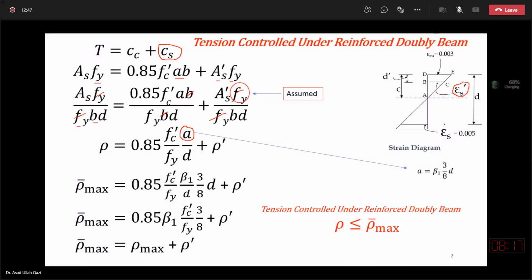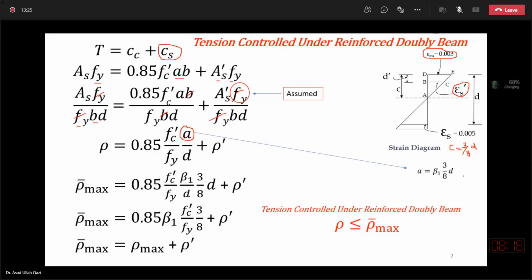But when I am defining a beam with tension steel at 0.005 or greater strain when concrete crushes, I get the neutral axis depth just like I got for the singly beam: C equals 3 over 8 D. You can also derive this equation from the above strain diagram. You will get the same answer as for the singly beam. Then A will be beta 1 times 3 over 8 D, because A is beta 1 C.